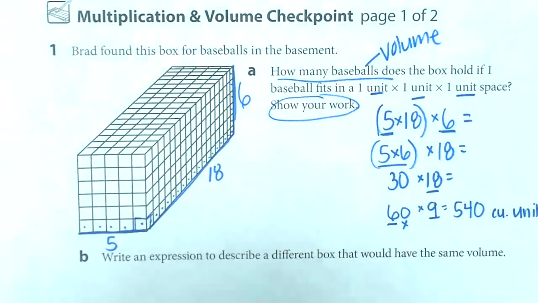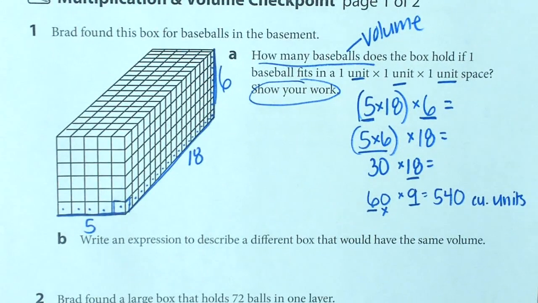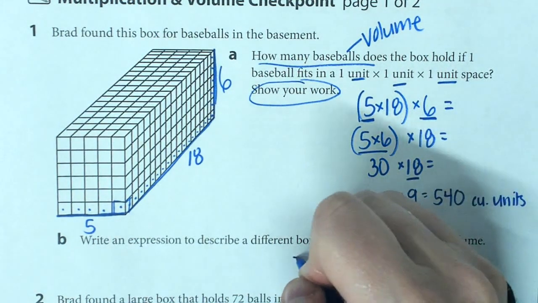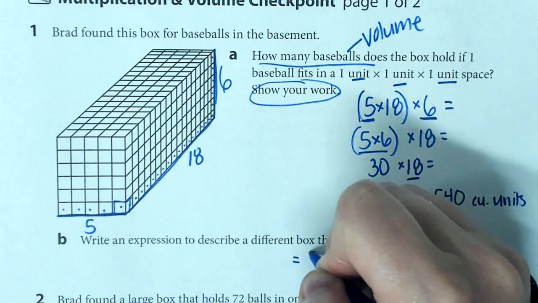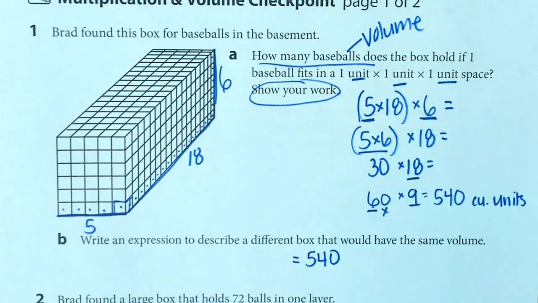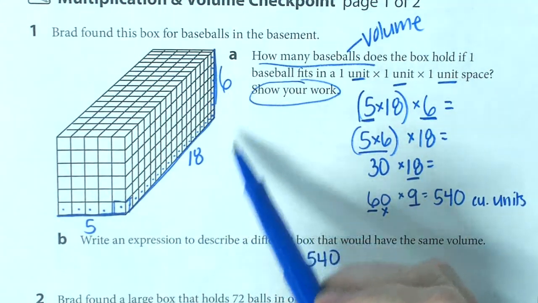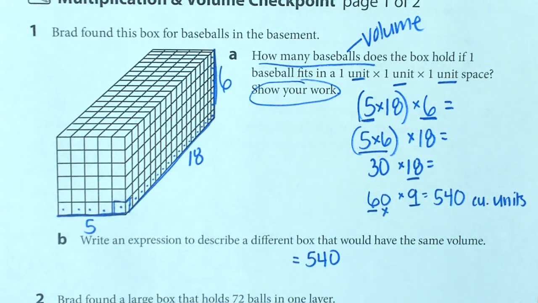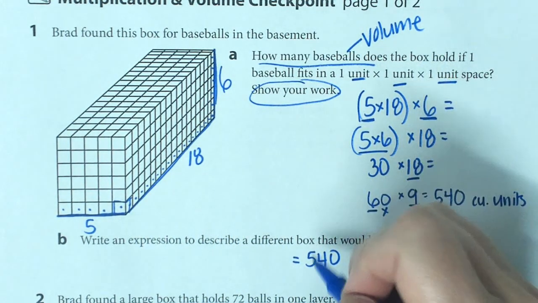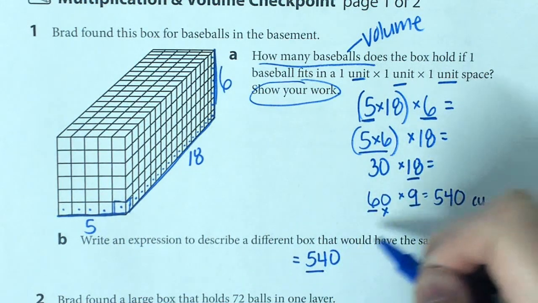Then it says write an expression to describe a different box that would have the same volume. So I need a different box to equal 540. It has to have different dimensions. Well, first, what did I get that got me to 54?